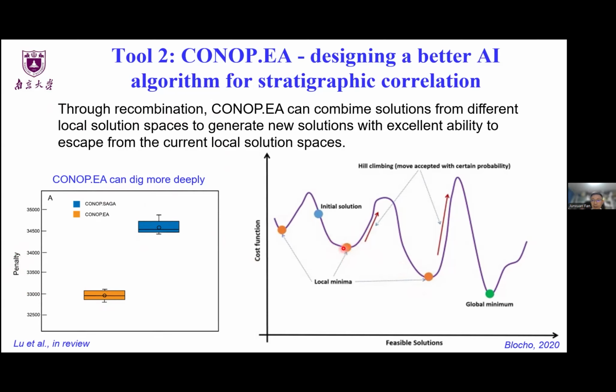They can combine the solutions from different local solution spaces to generate a new solution with an excellent ability to escape from the local solution space and jump into the global minimum solution space, so it can dig more deeply into the whole solution space. That's why it performs much better than the program we designed before and also the original CONOP program.